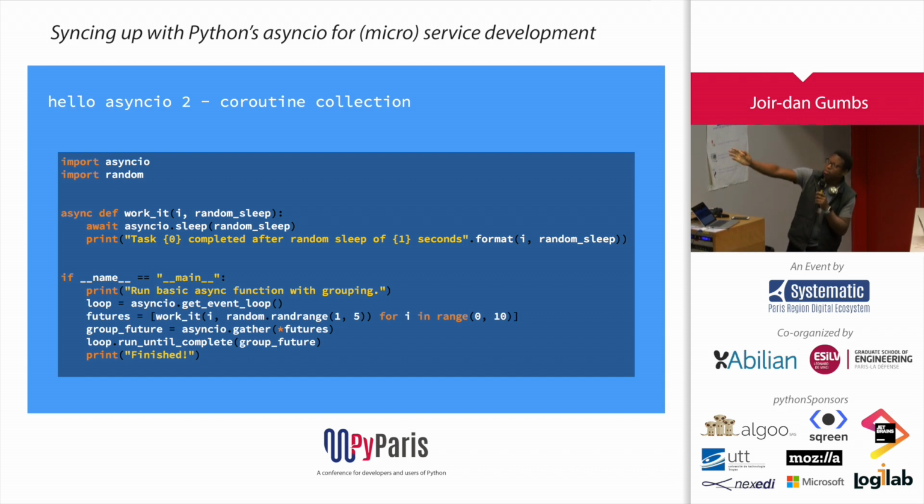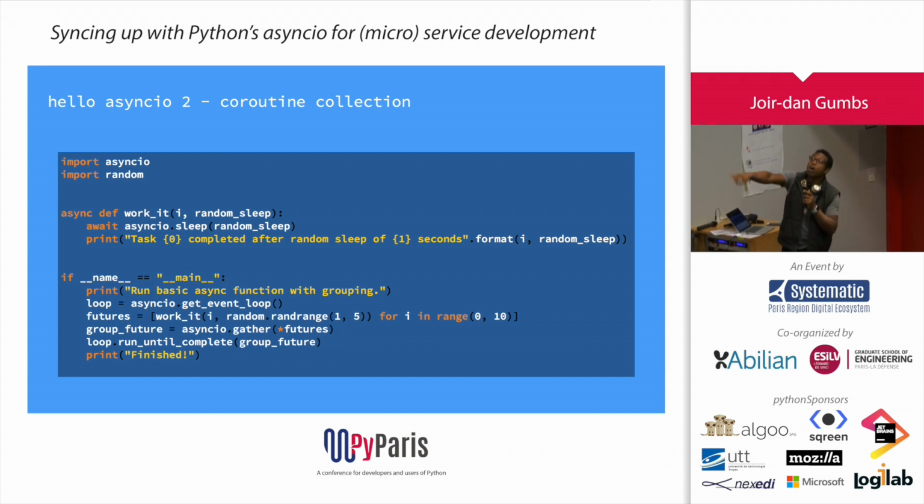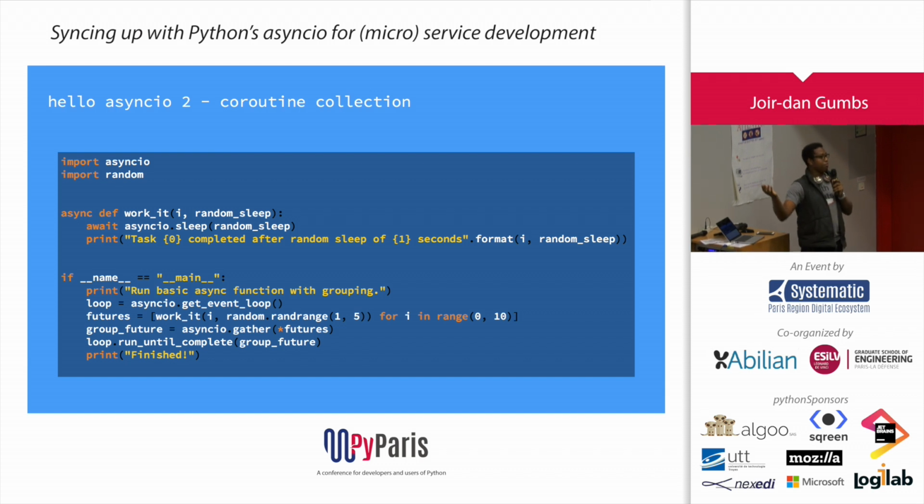So I want up to 5 different coroutines running concurrently. And then I group them using asyncio.gather. And you see there's a star futures. So I'm unpacking the value of the list that I've generated. And then I will wait on that group future object, which will unpack the list of future objects that I have gathered as they complete, right?